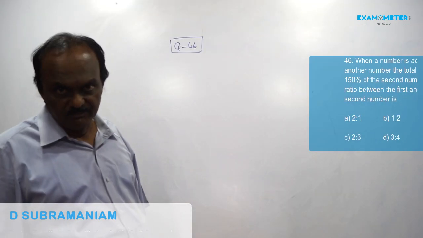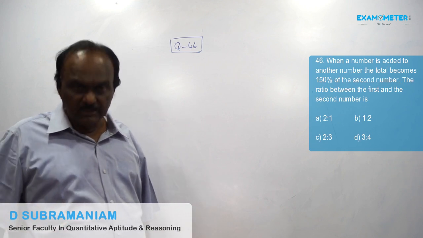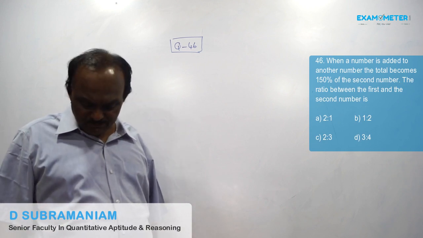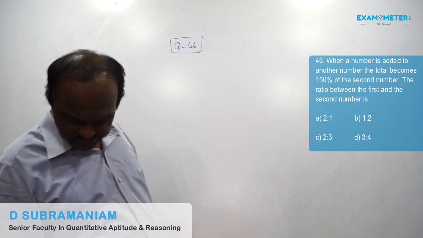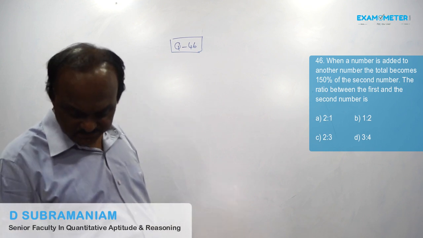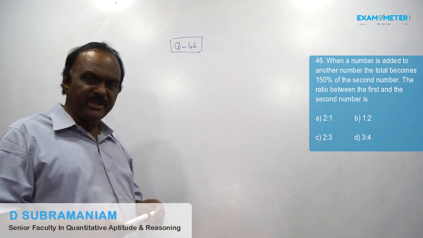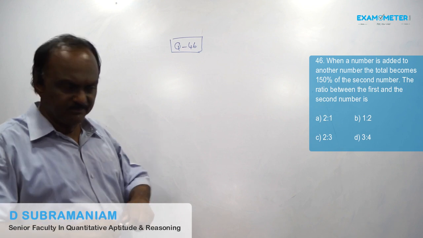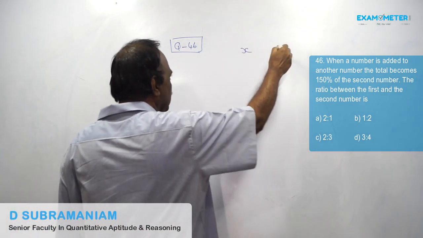When a number is added to another number, the total becomes 150% of the second number. The ratio between the first and the second number is. Numbers we assume as x and y.